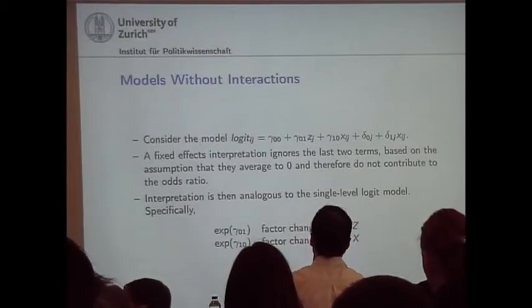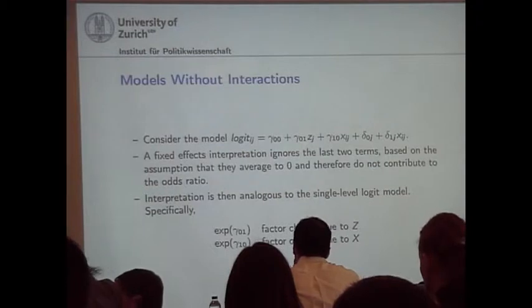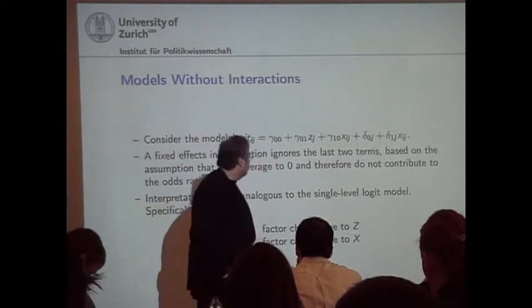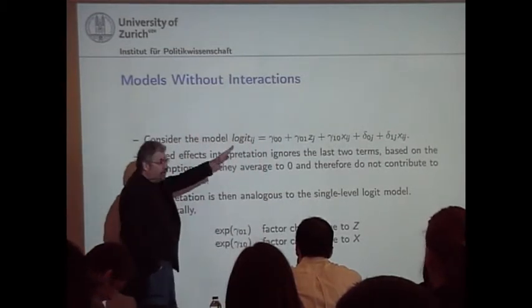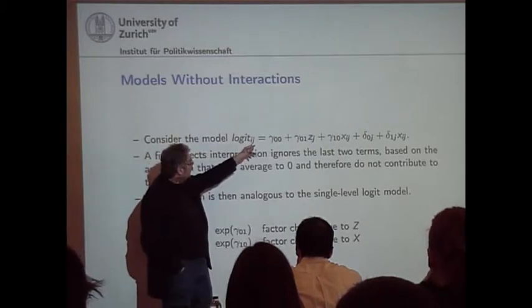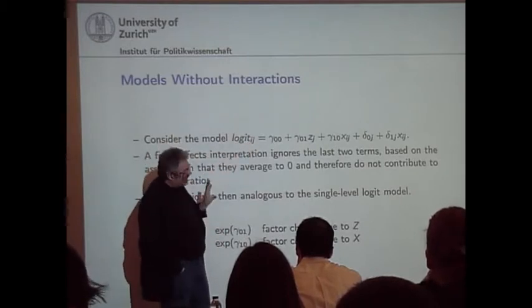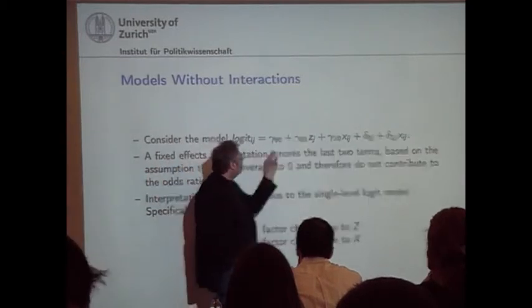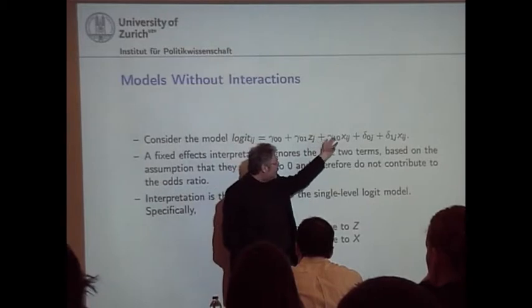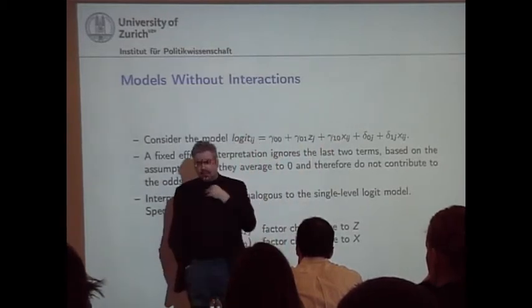And if we want to turn it in terms of odds, then we have to exponentiate. And so what we would then have is for the odds for individual i in context j, or rather the expected odds, gamma 0,0 plus gamma 0,1 zj plus gamma 1,0 xij.